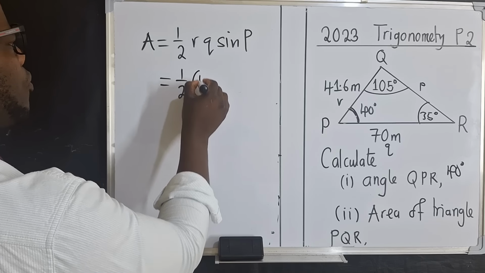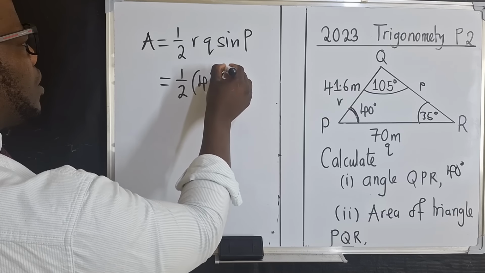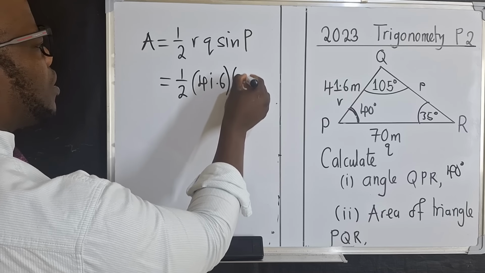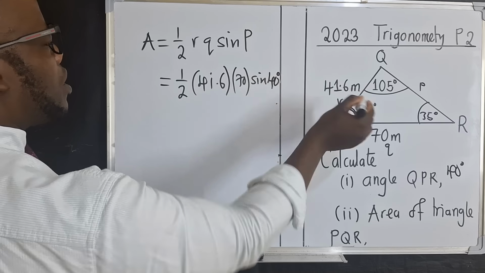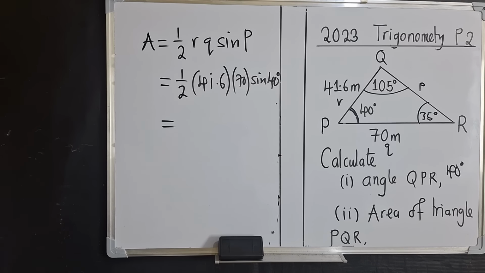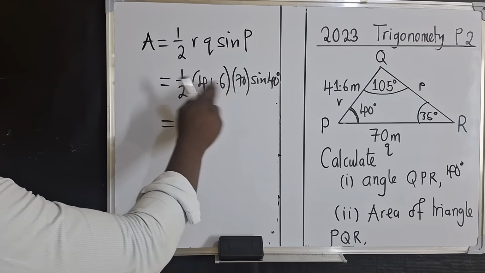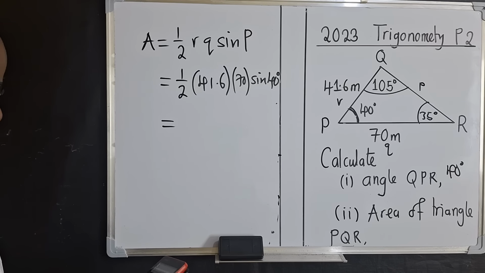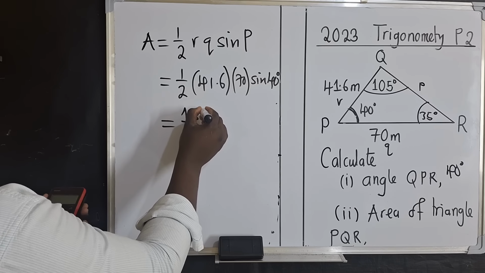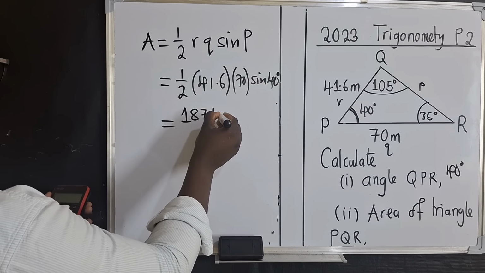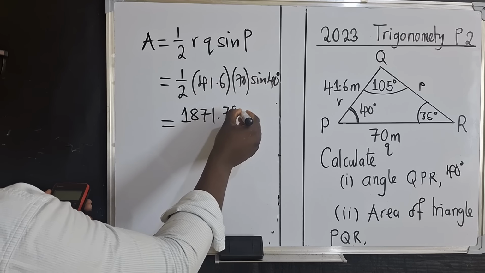So what is my r? That is 41.6. My q is 70, and sine 40. Our P, we know that's 40 degrees. So we work out everything. We can punch on our calculator. So punch 41.6 times 70 times sine 40 degrees. So this, of course, is giving me 1871.7975.